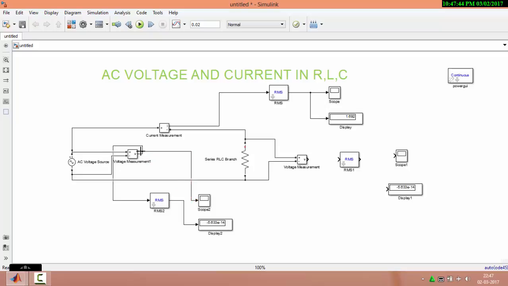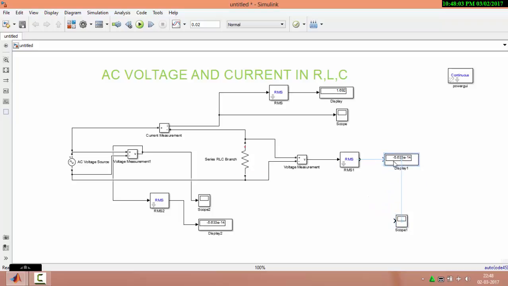You can directly connect your scope to the voltage measurement, but you cannot connect the display directly to your current measurement. To measure the value, you need the RMS block, which is root mean square.